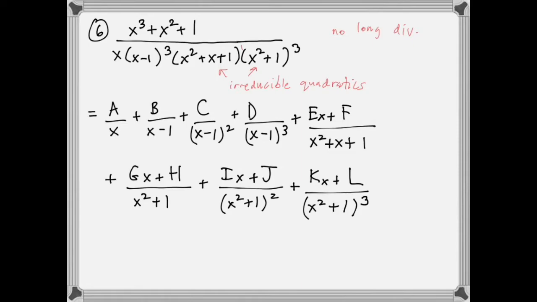Okay. So let's learn now step 3. Solving for the unknowns. So we've had a lot of practice setting these up, and now we need to actually figure out what those unknowns are.